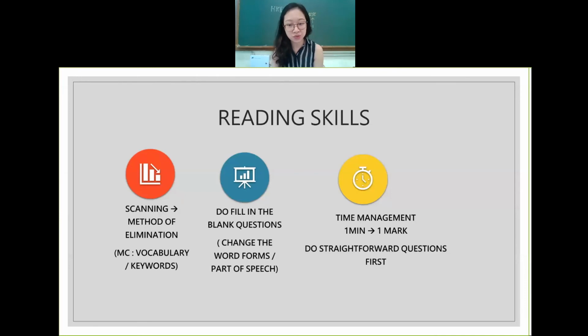So do all the straightforward questions first. Forget about the summary question, forget about those difficult table matching questions, like question 20 or 21 in this paper, which asks you to identify the opinion. The inferencing question usually takes a lot of time, and you had better finish reading the whole thing before coming back to those questions.